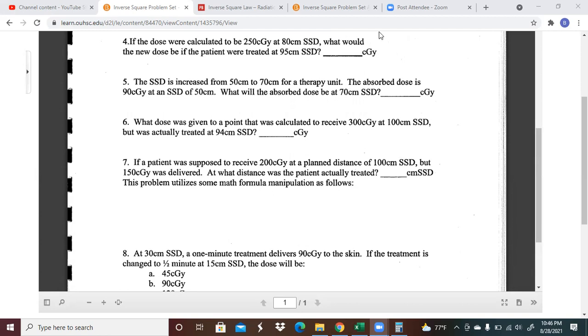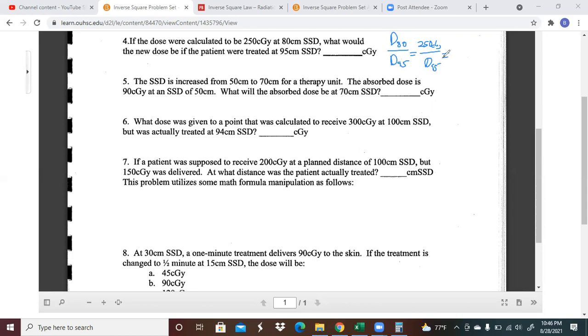So we should end up, let's see, the dose at 80 centigray divided by the dose at 95 centigray.